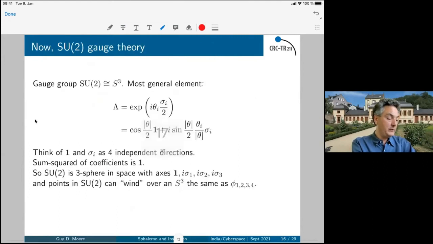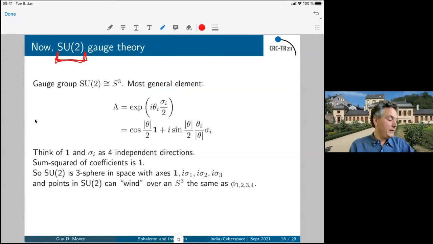This is relevant to QCD and to QED, where it's easier to see. So, sorry, the standard model, the SU2 of the standard model, where it's easier to see. So let's think about SU2, which is a toy model for SU3 of QCD, but it's also directly the weak interactions in the standard model.